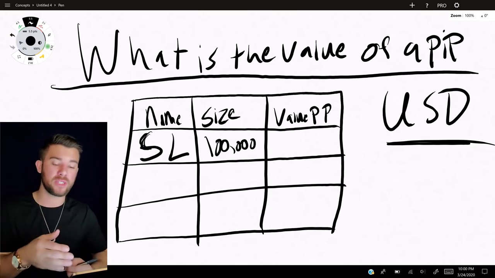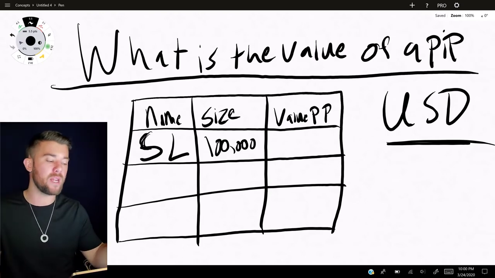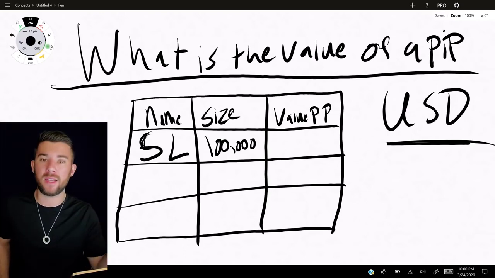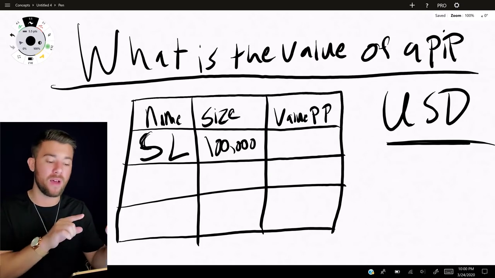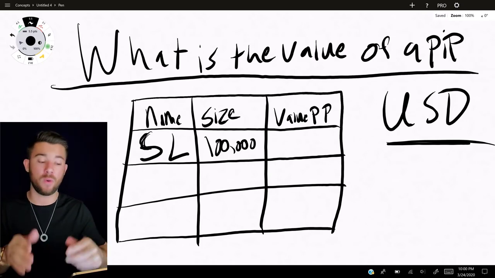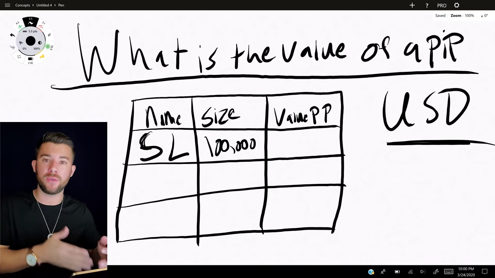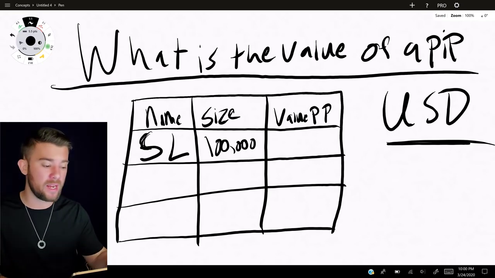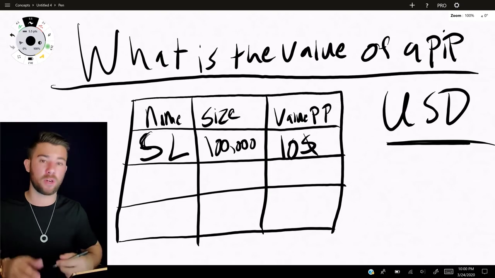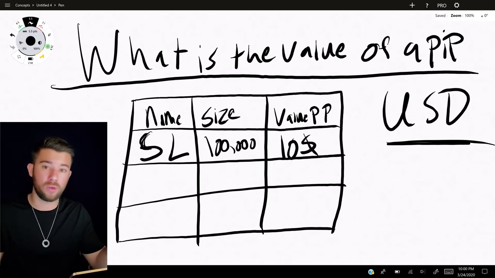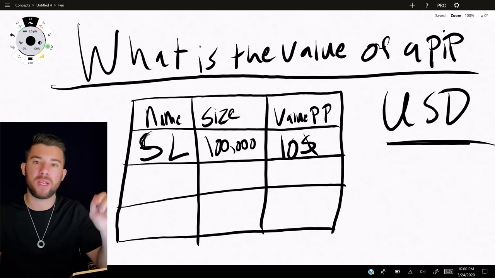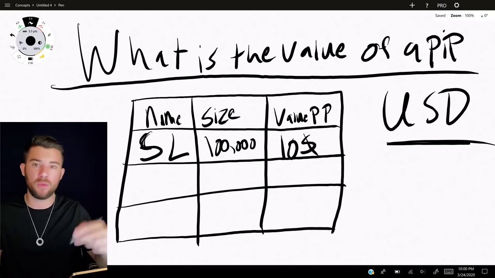So if we're trading 100,000 units of currency on any pair that ends in USD, then this is the exact value per pip. If you're trading one standard lot, you are trading at a value of $10 per pip. So if you're trading a standard lot on the euro dollar, that means every pip is $10. Every pip that it moves is $10.